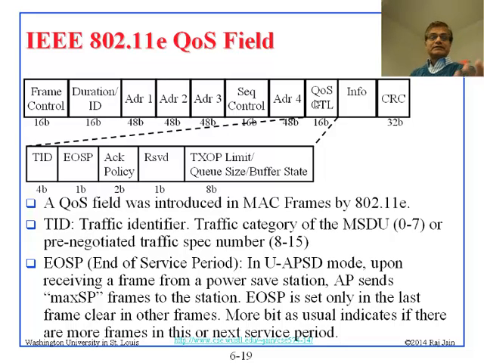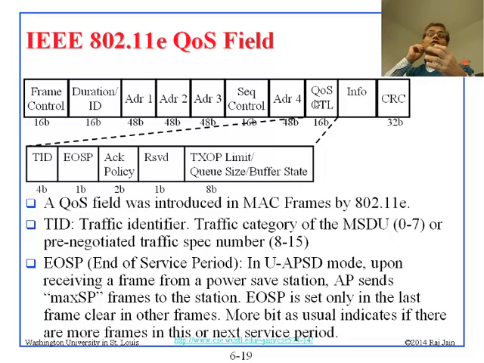Why they need 4 bits is because you could negotiate something special with the access point. You could say, well, I need this delay, I need this throughput, this and that. So that is called a traffic spec, T-spec, traffic specification.